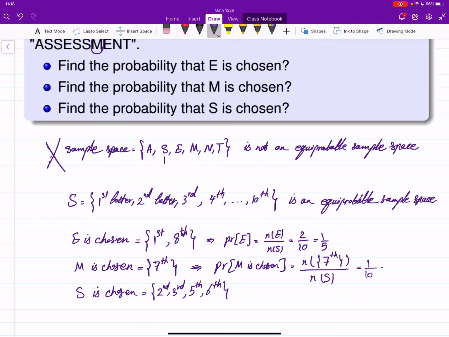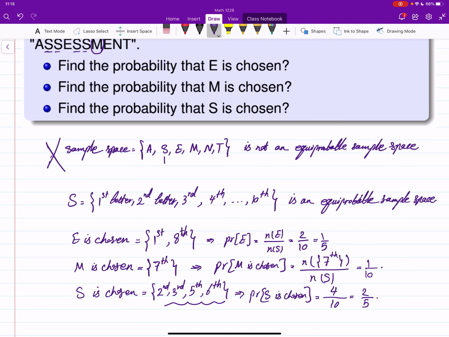So we have 4 letter S's: second, third, fifth, and sixth. So that means the probability that S is chosen is equal to counting how many elements this event has. There are 4. The total number is 10, so that will give me 2/5.